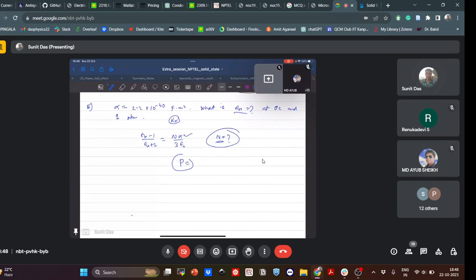The correct option may be option B. The options are also pretty close, I have seen: 1.006, then 7, then 8, then 9. So I think it should be 1.007.